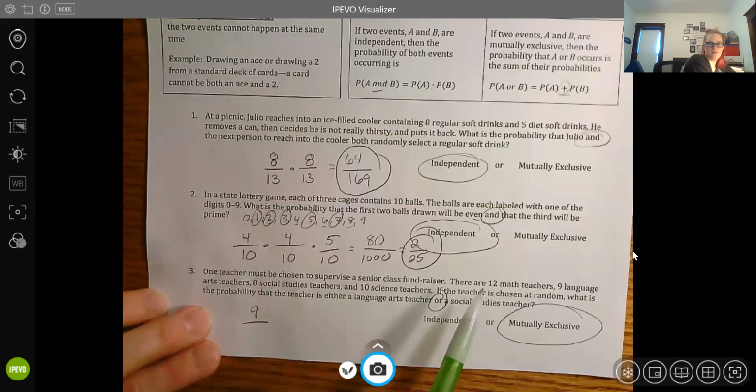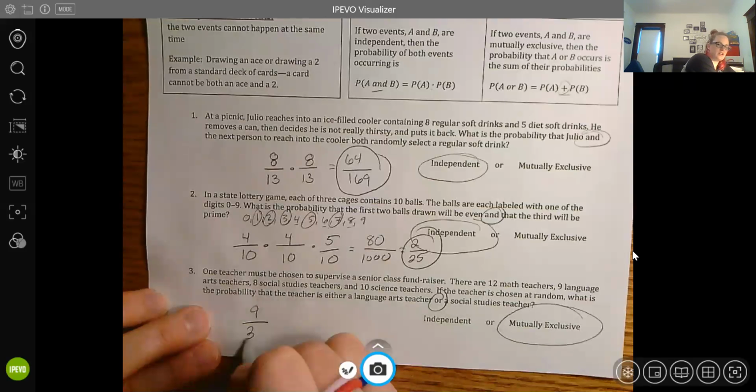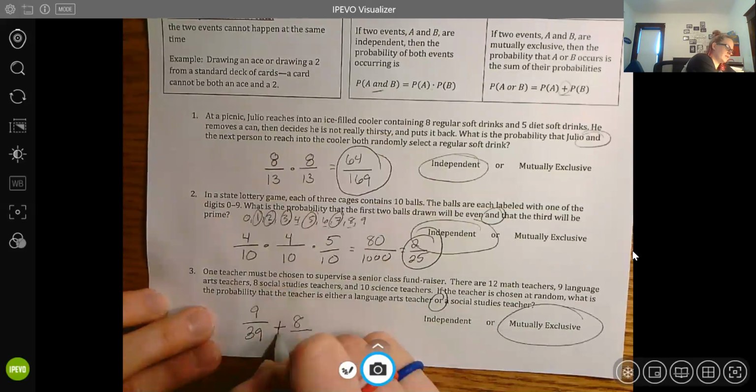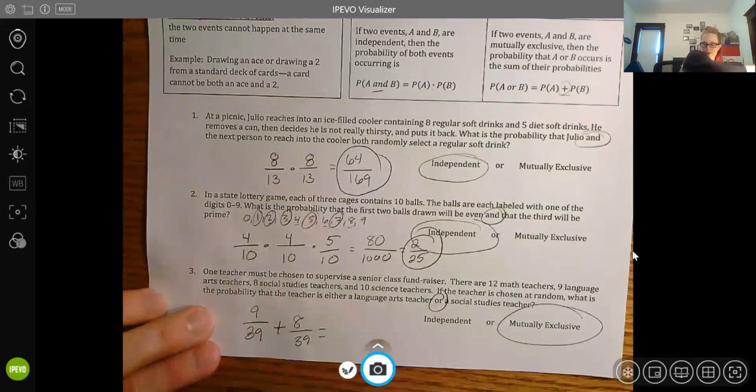So 12 plus 9 plus 8 plus 10. That gives us 39. It's an or statement, so you're going to go ahead and add it. And then social studies teachers, 8 of them, over 39. Okay, so we're adding fractions.